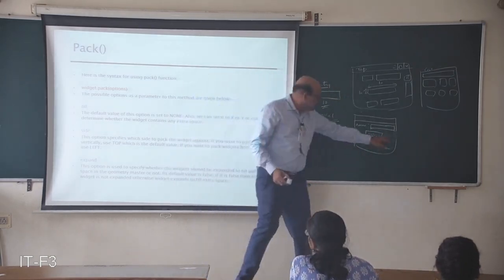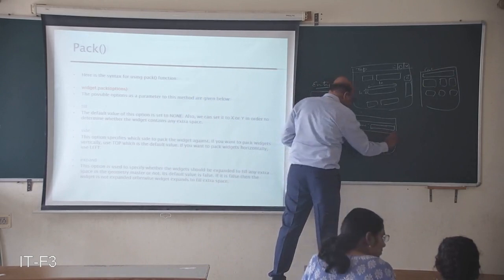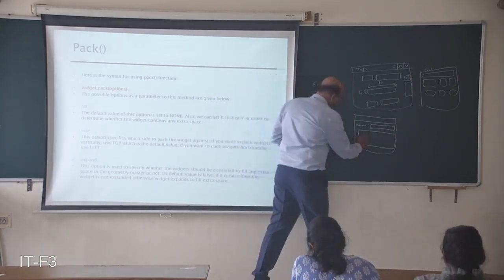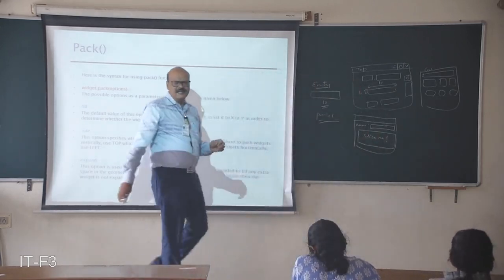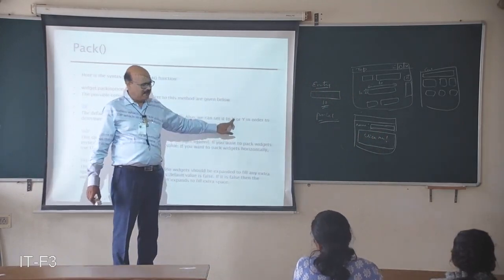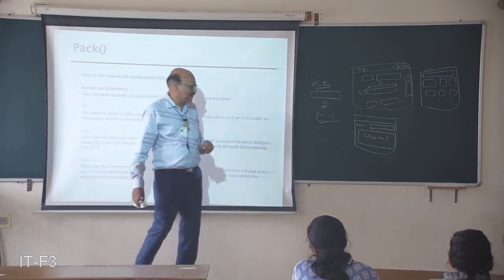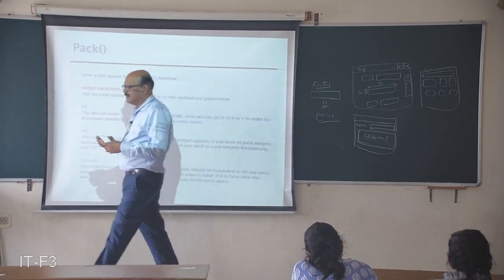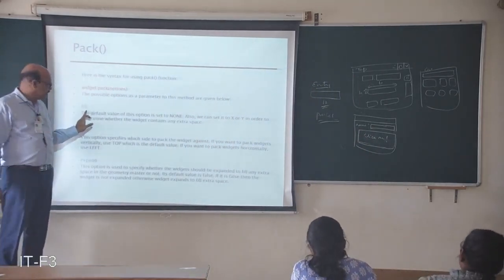If there is space, this button will try to grab the entire space horizontally as well as vertically. If you want to increase the size of a widget only in the horizontal direction, you have to give X. If you want it to grow in the vertical direction, you have to give Y. This way of increasing the dimensions is possible by using the fill parameter.